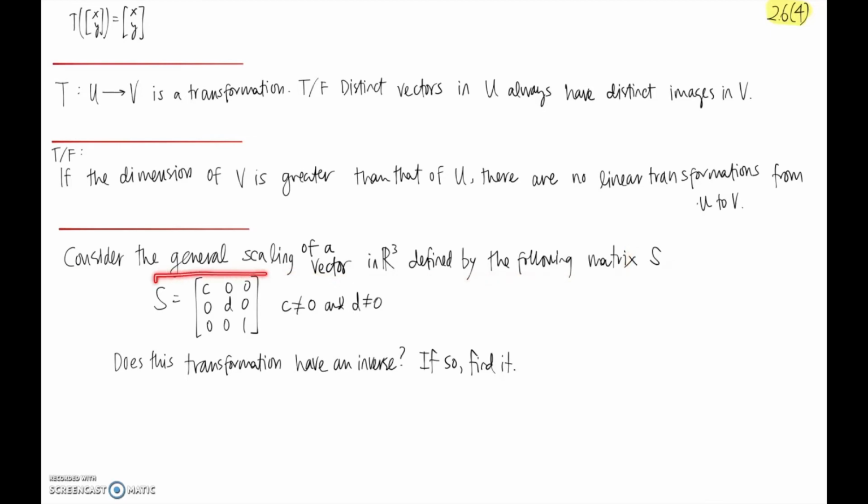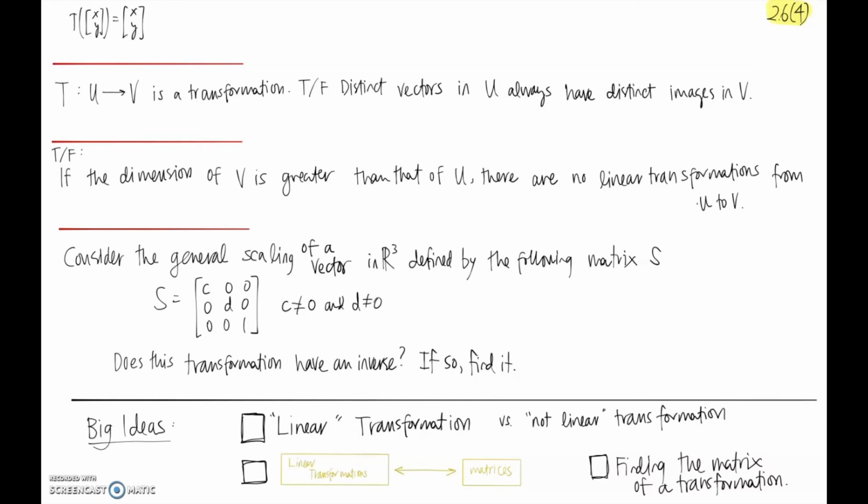And here's the matrix S. So this is a transformation, and we never let C equal 0 or D equal 0. Does this transformation have an inverse? This is definitely a linear transformation, but does it have an inverse? And if so, find it. So you want to think about what this matrix does, and could you undo it with another matrix? And if so, find that matrix.